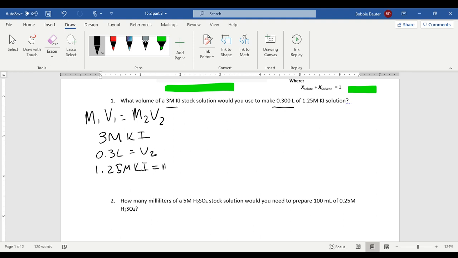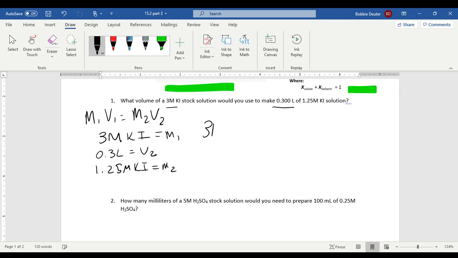Remember, this whole year, we have been using molarities, or a molar solution. We just didn't know how to create them. And so this is one way that we're able to create a stock solution and then dilute down from there.